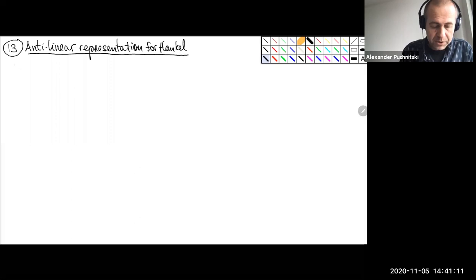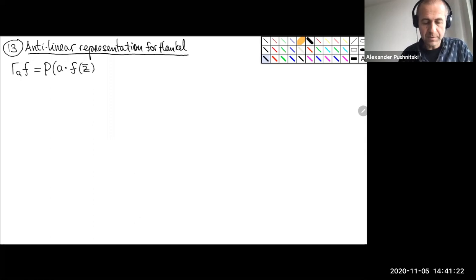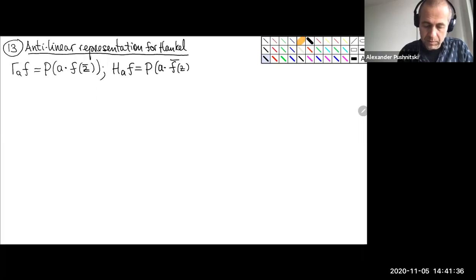So remember that originally we defined Hankel operators like this: P_+ of f times z bar. So now I want to consider another version, this one.